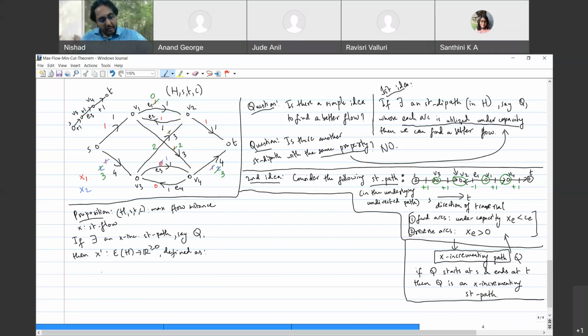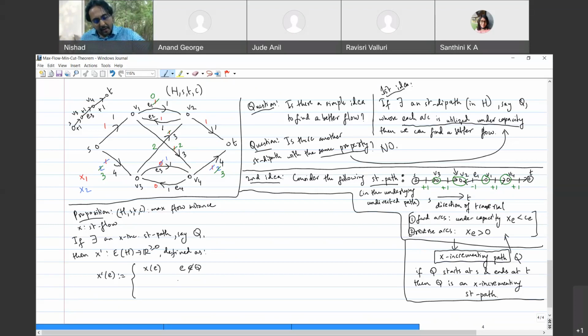So what we are going to do is, for all the arcs, there are three possibilities. So the arcs that are not in the path Q, right? I'm viewing the path as a set of arcs rather than a set of vertices and arcs, okay? So whenever the arc is not in the path, I will keep it as it is.